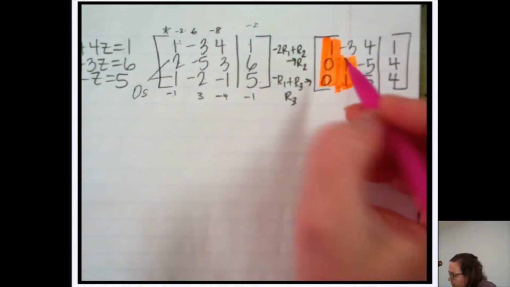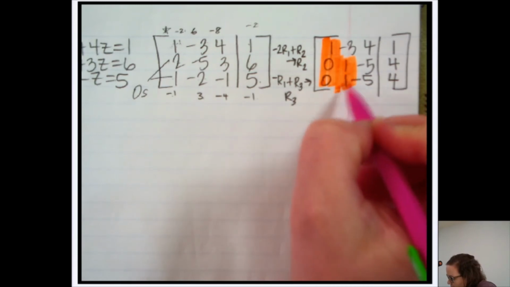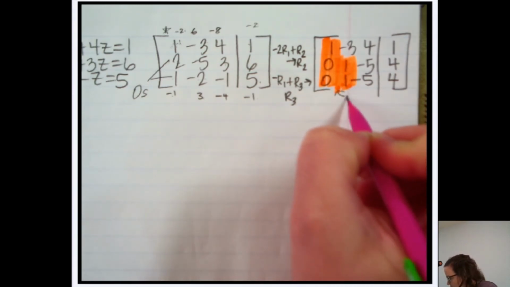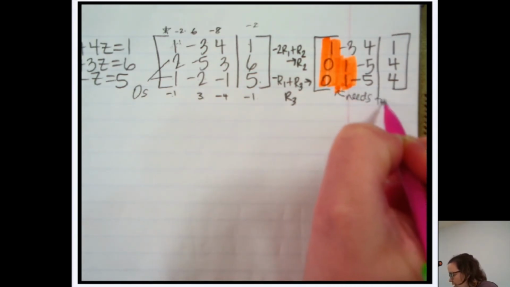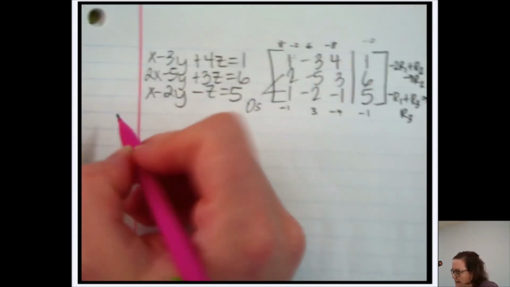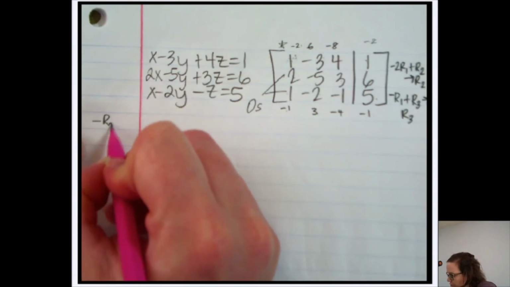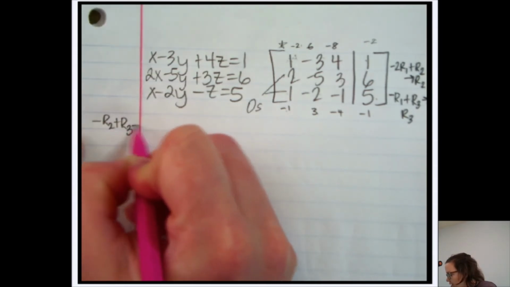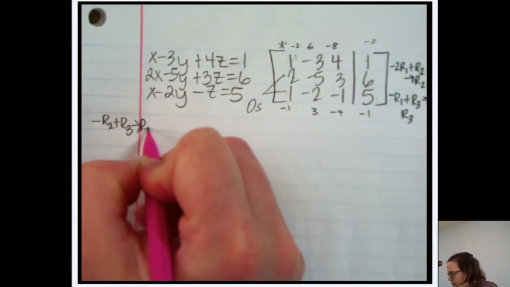So now next step, whoops, that one shouldn't have been, right? Oops. This needs to be 0. And so we do that by getting opposites. So we take opposite of row 2, add it to row 3, and we replace row 3.